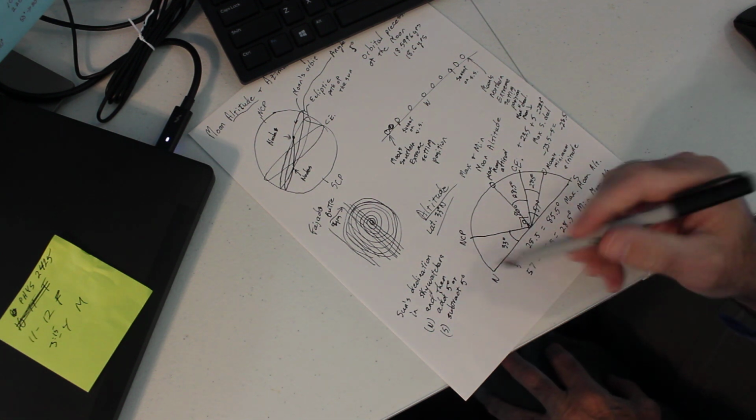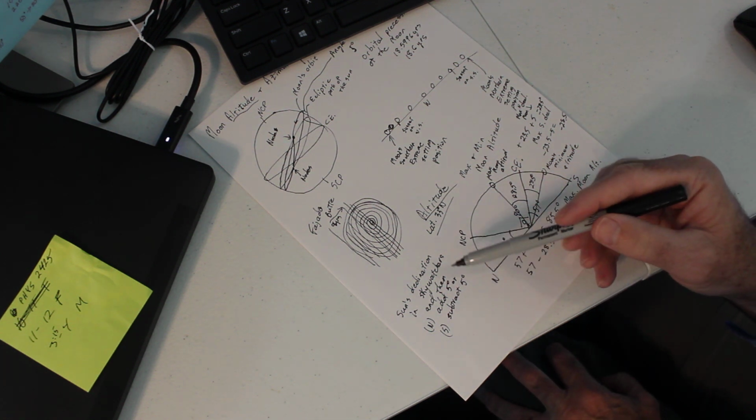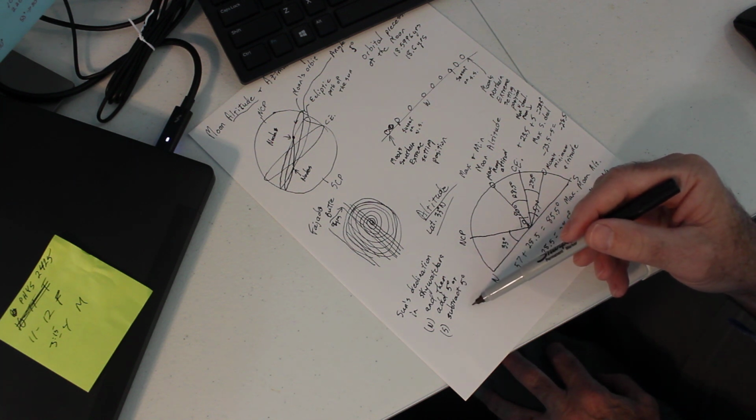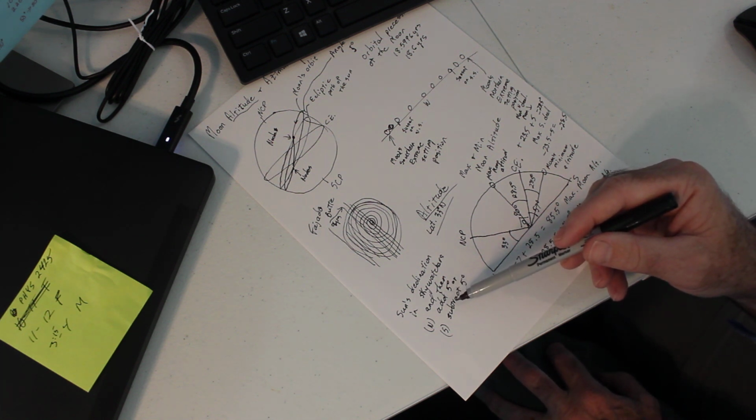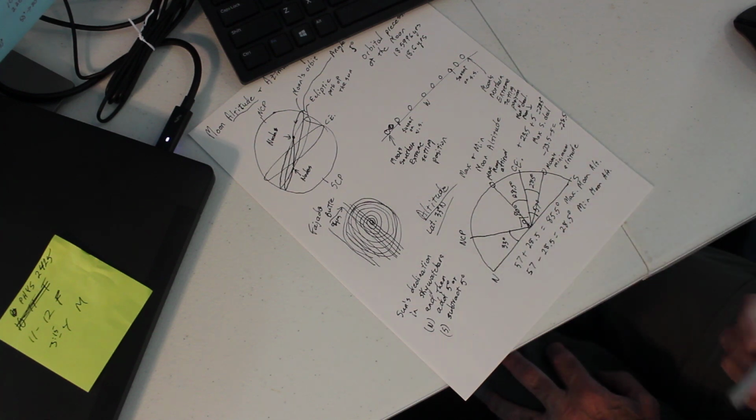So remember, the moon's position extremes are always adding 5 or subtracting 5 from the sun's declination. We don't have the moon's declination directly.